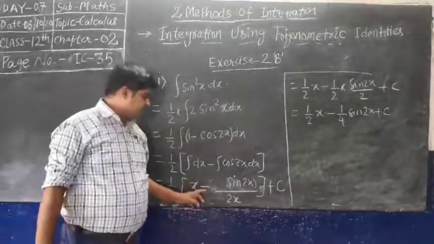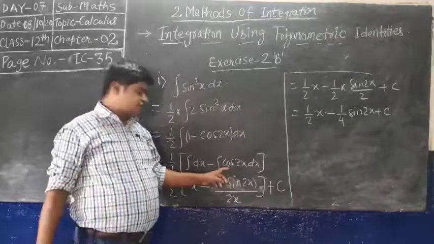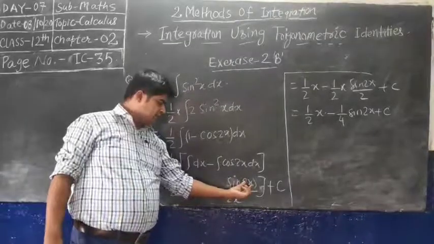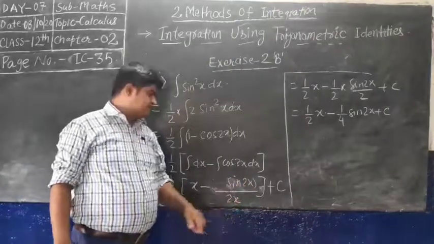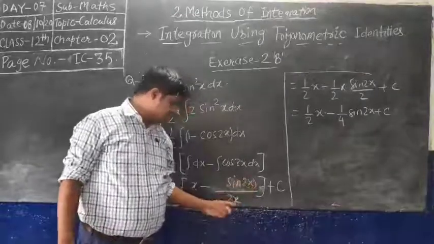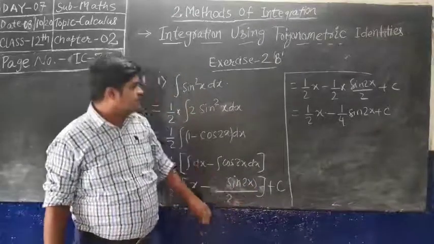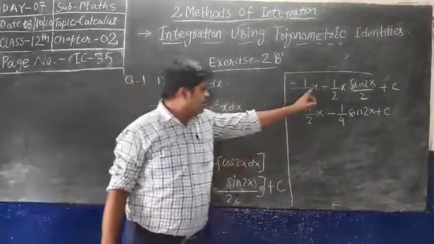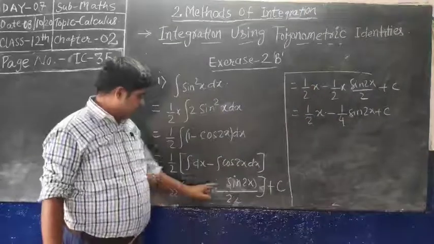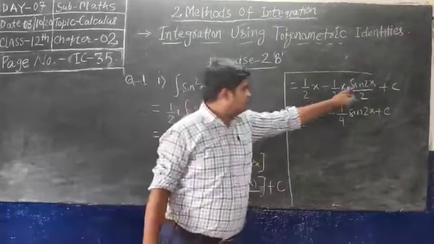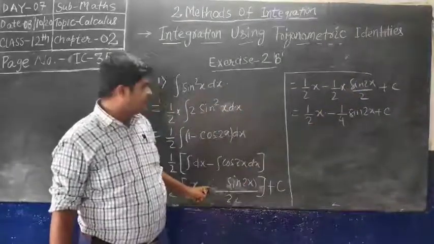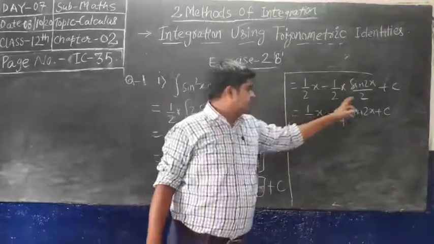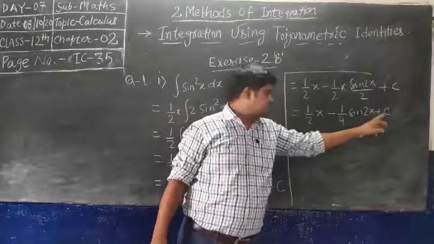Minus, the integration of cos 2x is sin 2x, and we divide by the differentiation of 2x, which is equal to 2, plus c. So the answer is 1 by 2 into x, half into sin 2x by 2, plus constant term. Finally, the answer is x by 2 minus 1 by 4 sin 2x plus c.